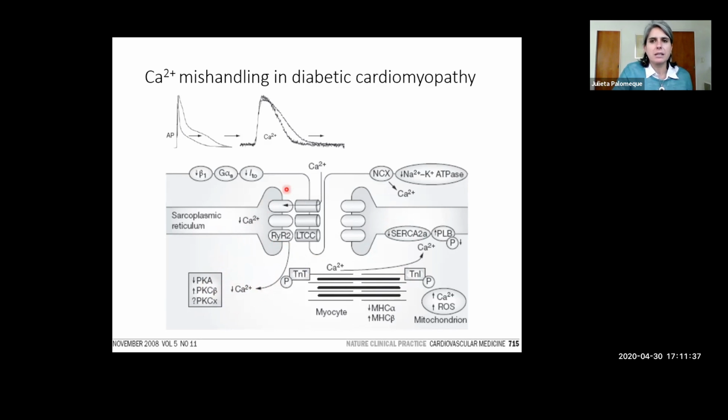Moreover, in mitochondria, it's already established that calcium can go up or go down, and if it's going down, it decreases the potential of mitochondria as a fuel source, as an energy source, and moreover increases reactive oxygen species.